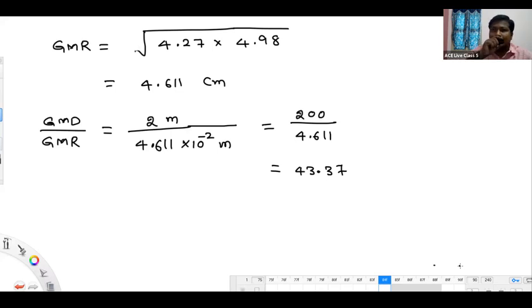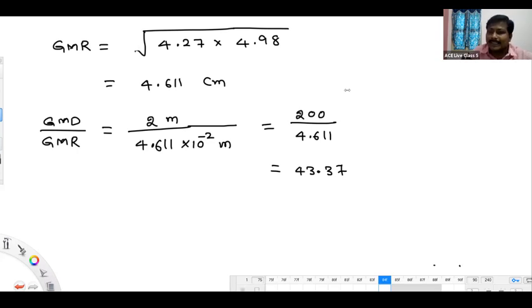In this problem we discussed two types of bundle conductors with three subconductors, one in equilateral spacing, the next in flat spacing, and how to calculate the GMR of each bundle conductor. Let's take one more problem to give further clarity.